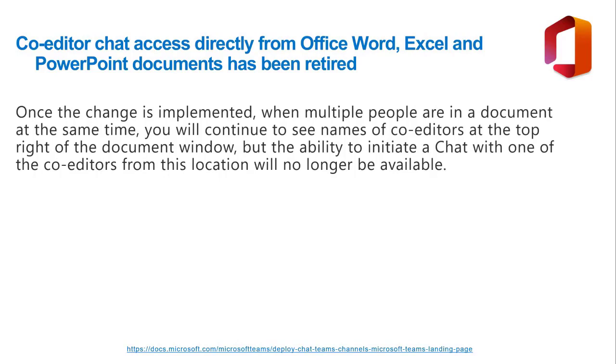Another change that we're seeing is around the chatting that you can do with your fellow co-editors when you're co-authoring a document. Previously, if you were in a Word file along with your colleague, you would have a right panel where you could have a chat about the document while you were both co-authoring it. Unfortunately, that chat had a lot of limitations. It wasn't so much like Word comments where you can tie it to a paragraph or a specific word.